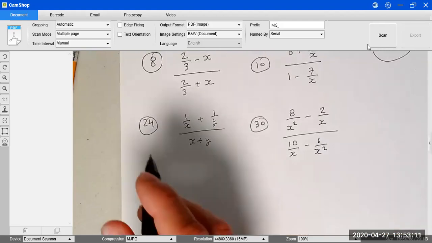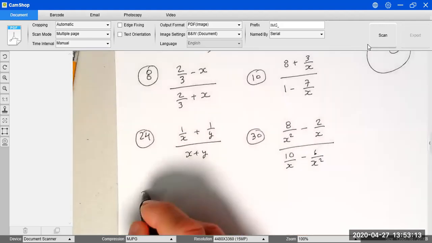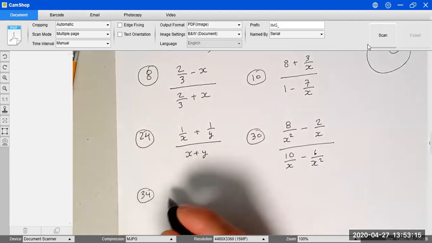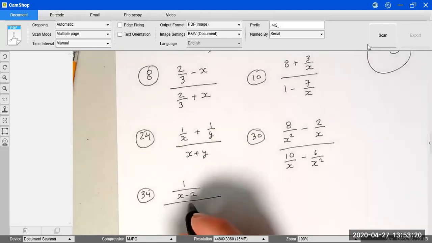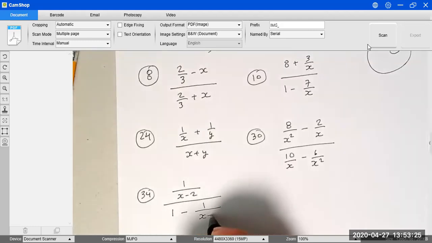And finally, the last problem that you're going to solve is problem 34, 1 over x minus 2 over 1 minus 1 over x minus 2.